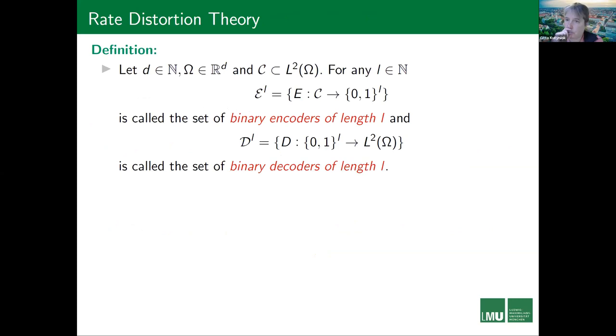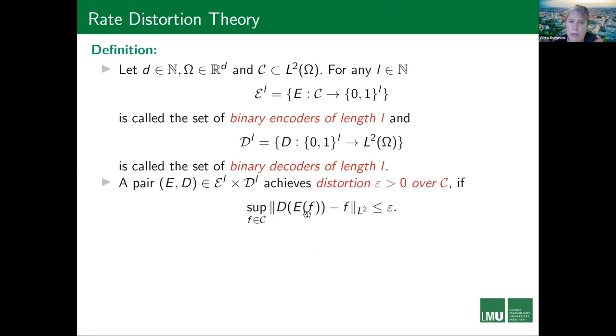Now, information theory deals with coding and encoding, and one can define it in that way. So encoders are just maps from, let's say, L2, from functions to a code, to a bit string, and a decoder maps it back. So that's nothing mysterious.